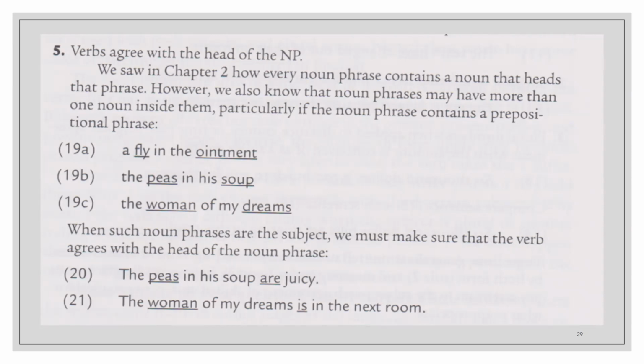Even though that verb are is right next to the word soup, soup is not the head of the noun phrase. Soup is describing peas. So the verb to be must agree with the head peas. The peas are juicy. The woman, singular. The woman is in the next room.